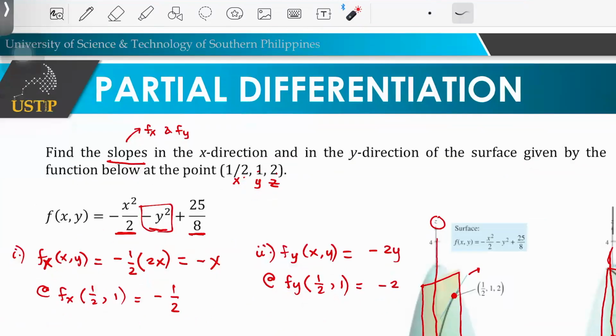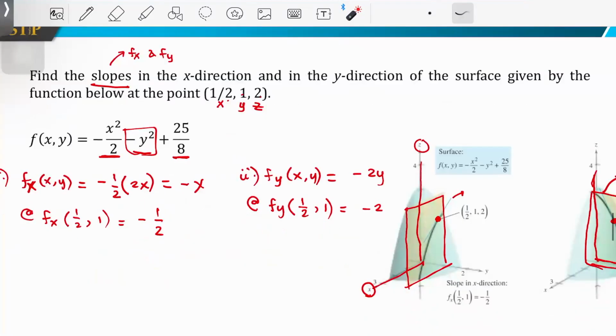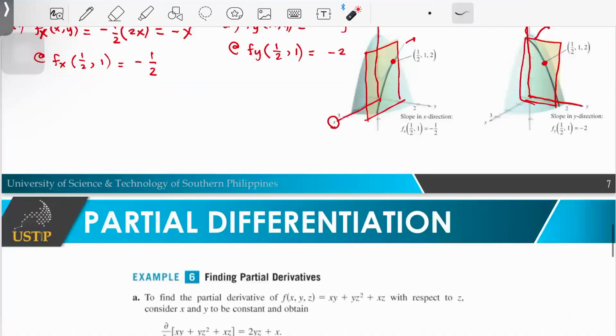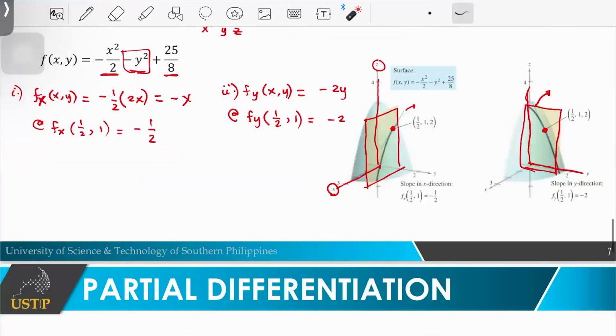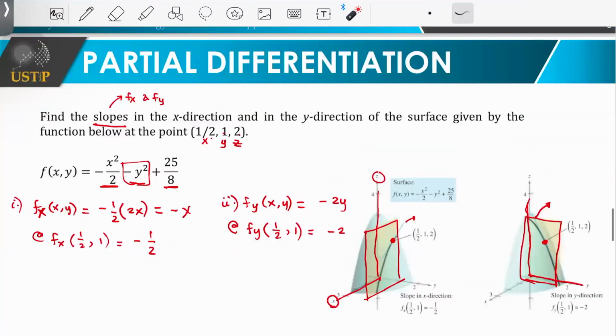Okay, so let's have this one. Okay. Find the slopes in the x direction and in the y direction of the surface given by the function below at point 1/2, 1, and 2. So, naka 3D ta diri class, no? So, itong buhaton, ang slope denotes to your, slopes in the x direction and in the y direction.